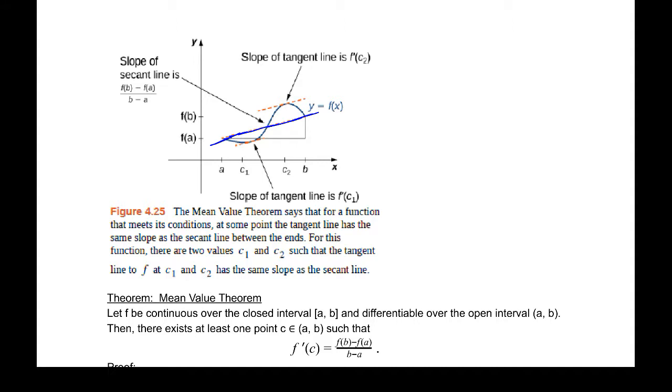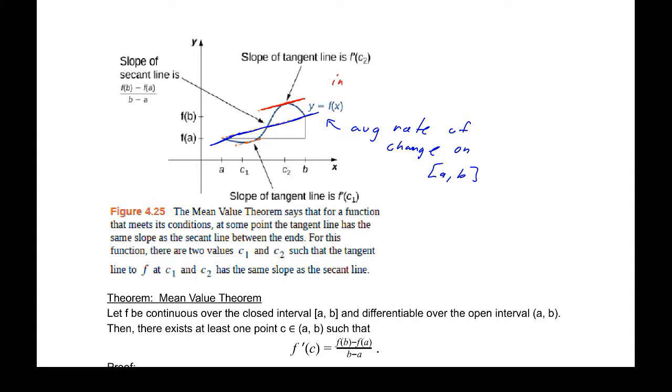That is the average rate of change on a, b, that interval. Now, for each of these two places right here, this is f prime of c.